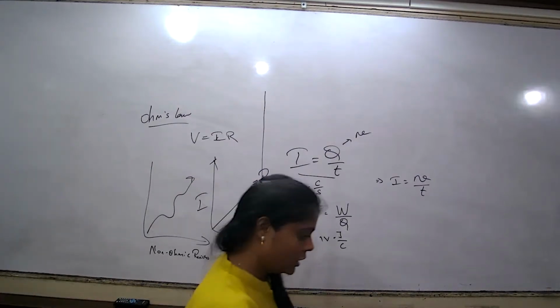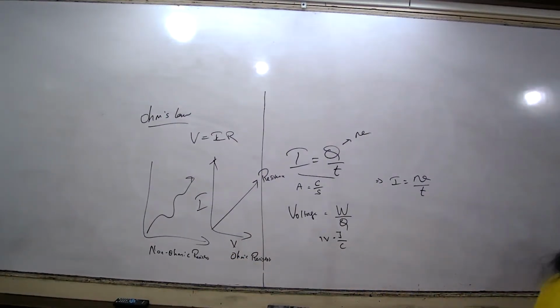And another thing, we are going to see about the resistor. What is a resistor? A resistor is basically an obstruction in the flow of current. What is resistance?